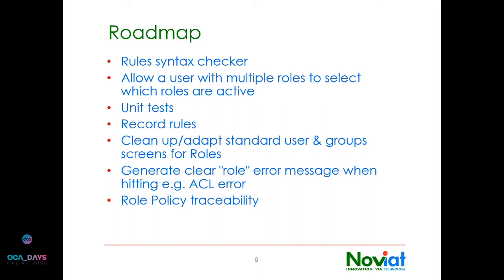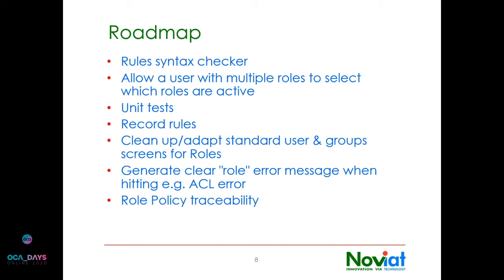Then we combine the roles, and in the policy you might have seen a field called priority, and that's the one which decides the winning rule in case of conflicting rules between the roles. One of the things we have on the roadmap is that the user can, a bit like in the multi-company approach, select, if you have multiple roles, which of those roles are active in a certain screen dialog.